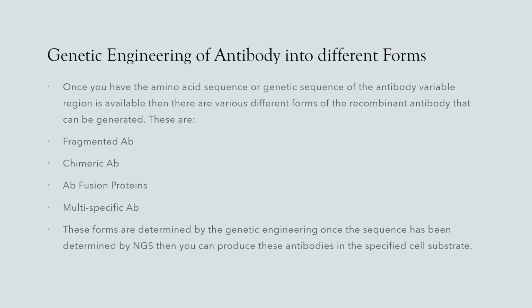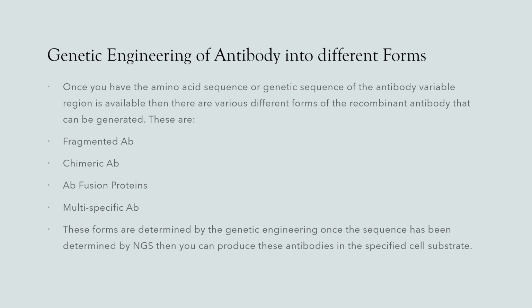You can also produce chimeric antibodies. This is where we graft the variable region of an antibody onto a second antibody. So if we want to graft the variable region onto a human antibody, then we have a humanized chimeric antibody.